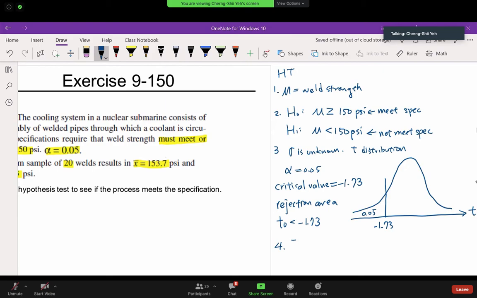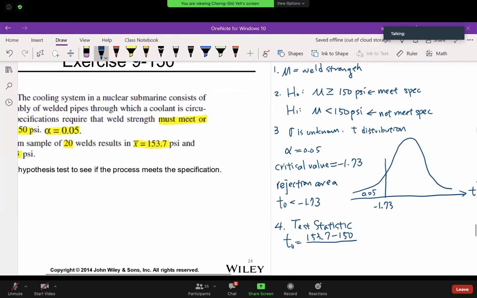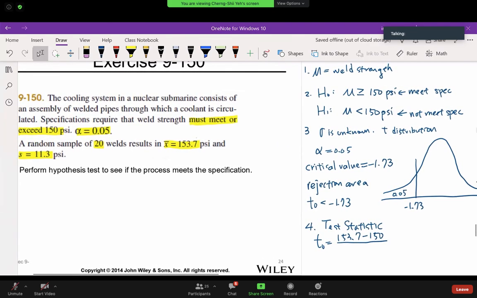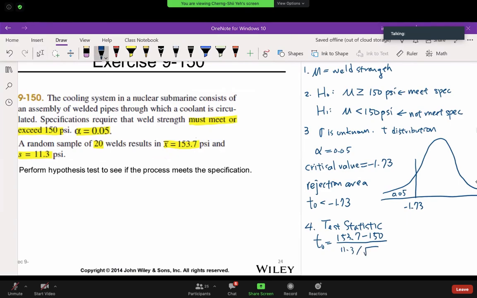Okay, let's calculate the test statistic. T equals sample average 153.7, subtract 150, divided by S, sample standard deviation, 11.3, divided by square root of 20.